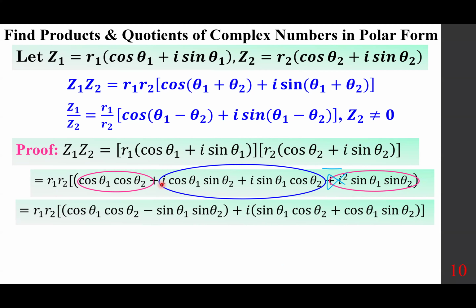Okay, so it's very straightforward, everybody. So what do we notice? Let's look at this one. Cosine alpha cosine beta minus sine alpha sine beta. This is cosine of alpha plus beta. This is cosine of theta 1 plus theta 2. Sine alpha cosine beta plus cosine alpha sine beta.